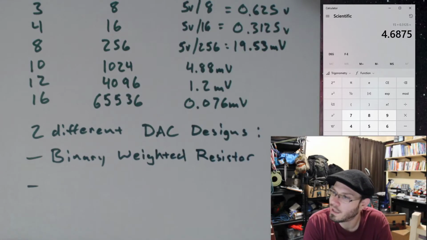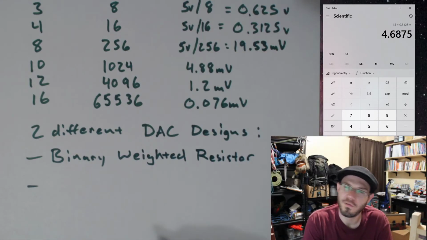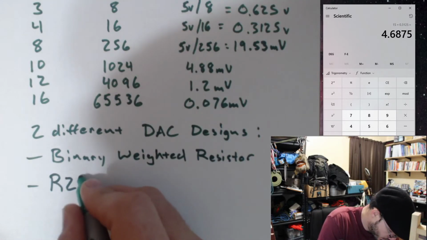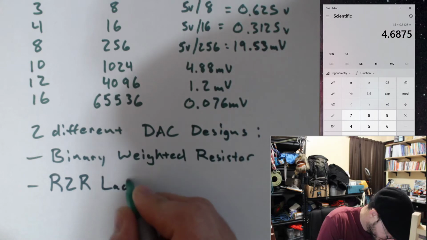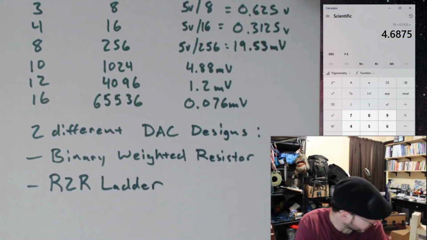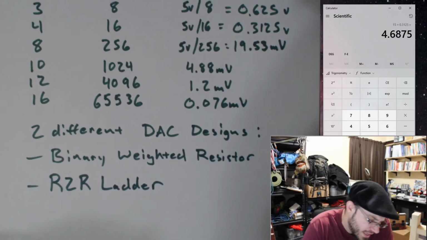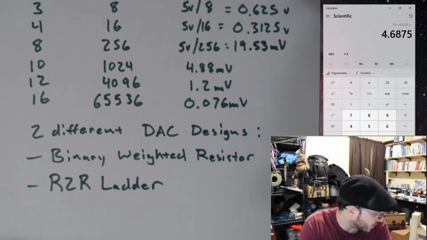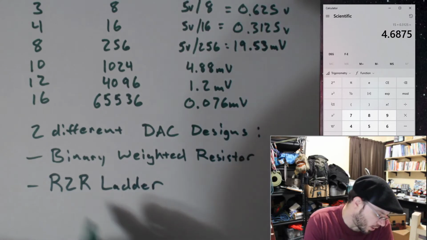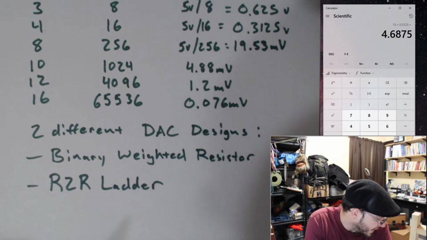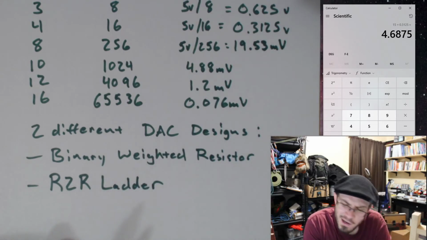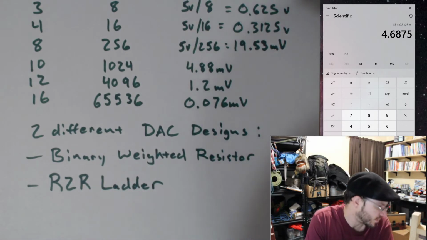The second one, which tends to be a little more preferred, is the R2R ladder. Each one of these has strengths and weaknesses, and I think overall the R2R ladder ends up winning for a few practical reasons. But let's cover the binary weighted resistor first.